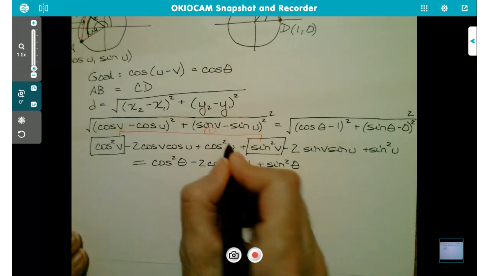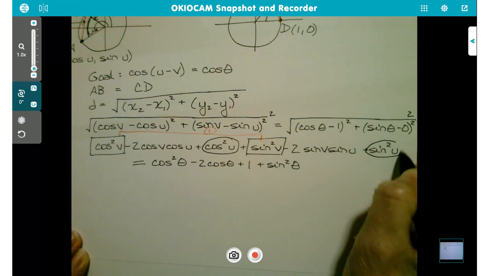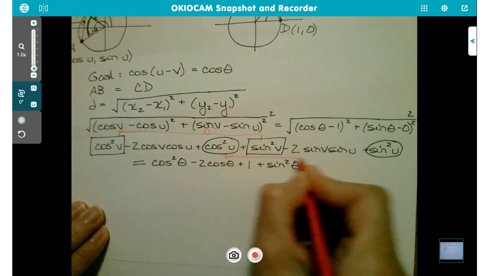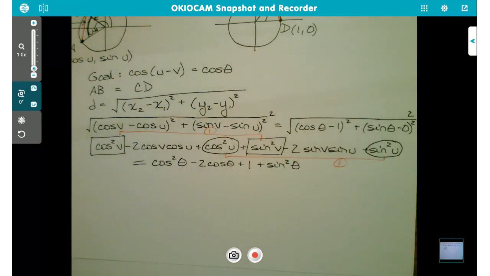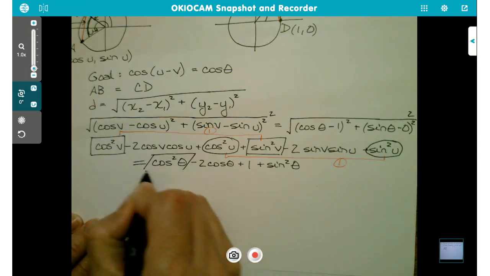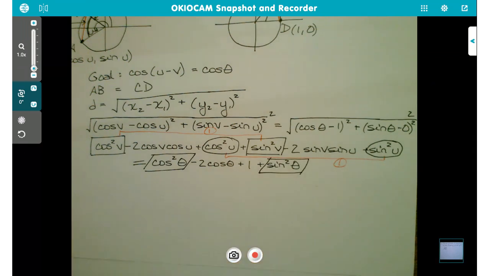Guess what else? I got cosine squared U. I got sine squared U. Also 1. And hopefully you're way ahead of me and see this one coming. I got cosine squared theta and sine squared theta. Also 1.